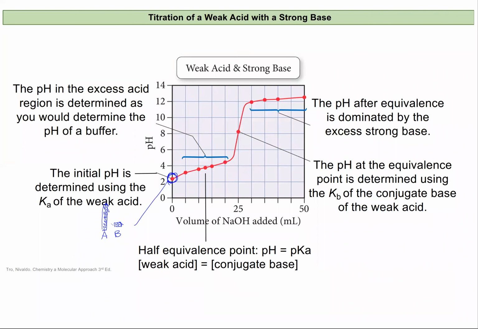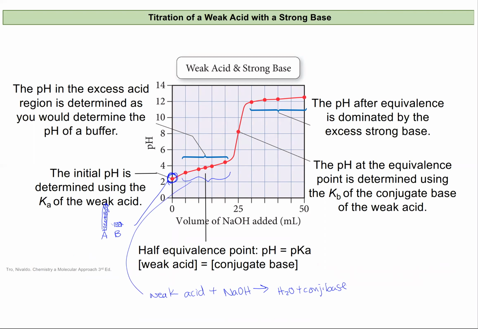Now, as we start adding our sodium hydroxide, we're going to start converting some of that weak acid into its conjugate base. So our weak acid is neutralized to produce water and its conjugate base.